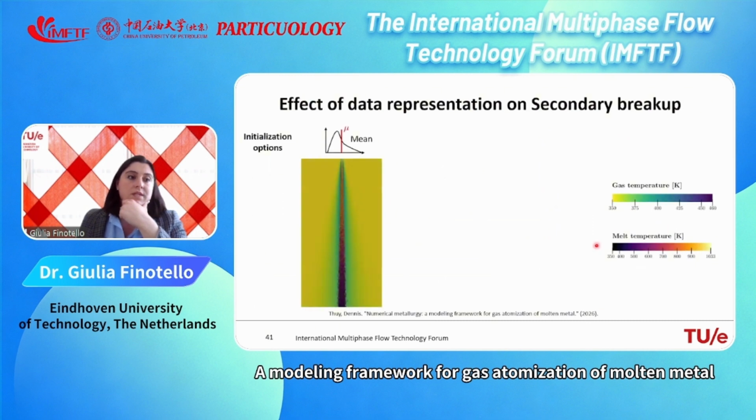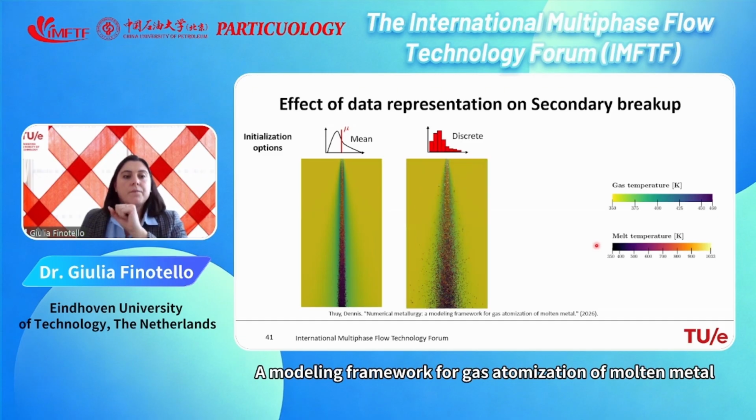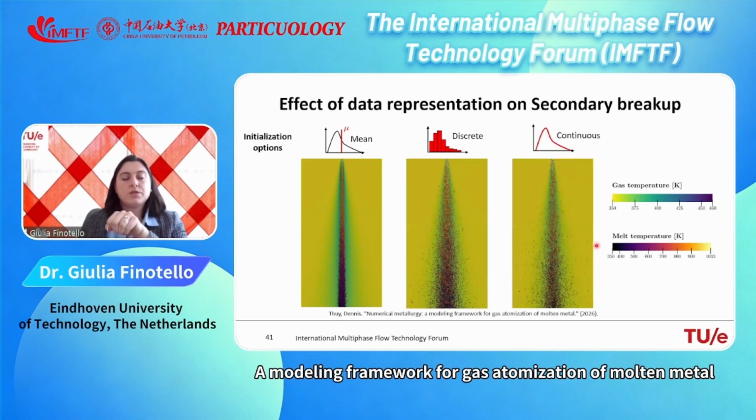And what we see is that the effect of data representation on the secondary breakup really has an impact. When the initialization option is a mean, then we have a spray cone which is very small. When we have discrete and continuous, we have a larger spray angle and definitely a more polydispersed distribution also of the other properties such as the melt temperature.